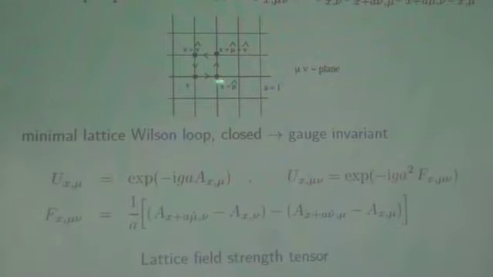So this is exactly a discrete version of a field strength tensor. That's why it's a reasonable notation to call this F. And then we can also identify this with the exponential of a discrete field strength tensor. In principle this is not necessary if you want something gauge invariant, but of course it is nice to see the relation to the continuum formulation.